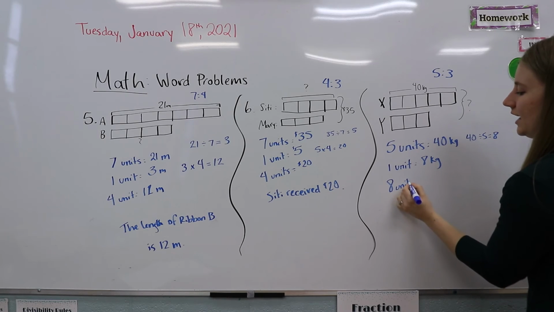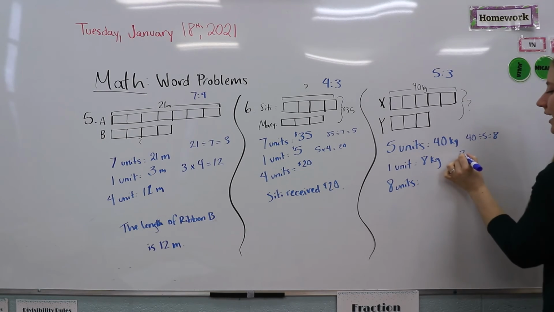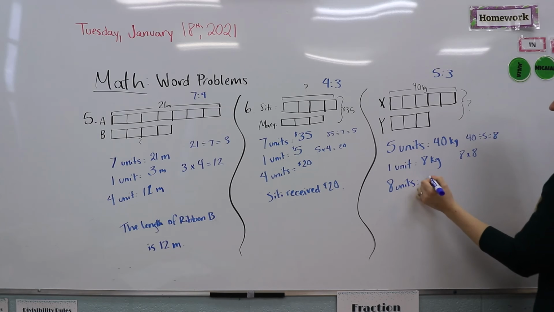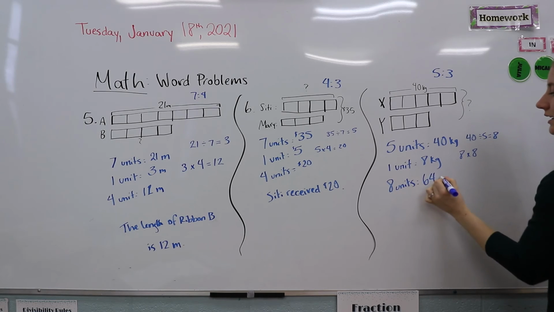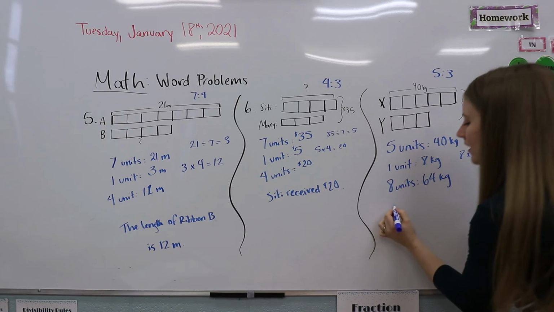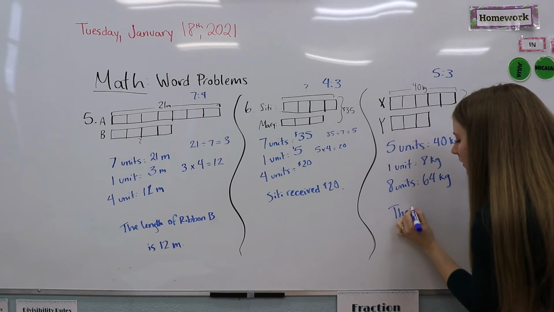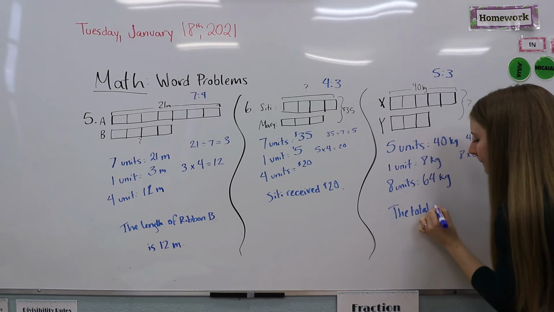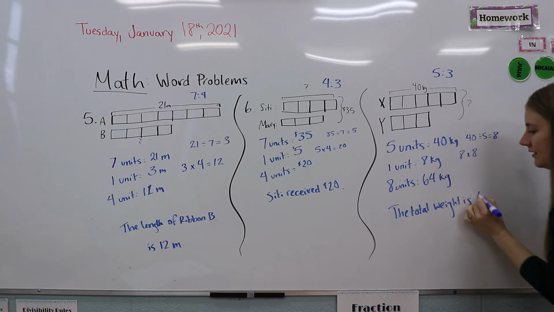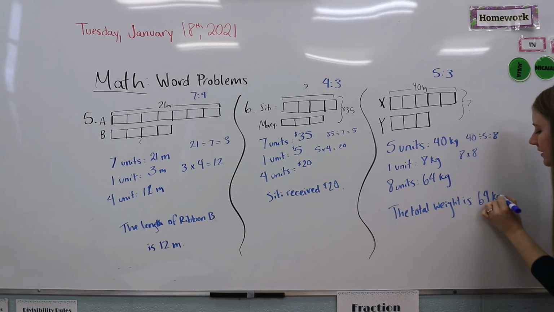And in order to get to 8 units, we need to do 8 times 8, because that's 1 unit times 8, which is 64 kilograms. Okay, so the total weight is 64 kilograms.